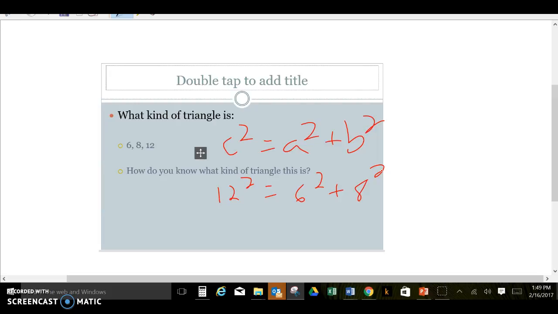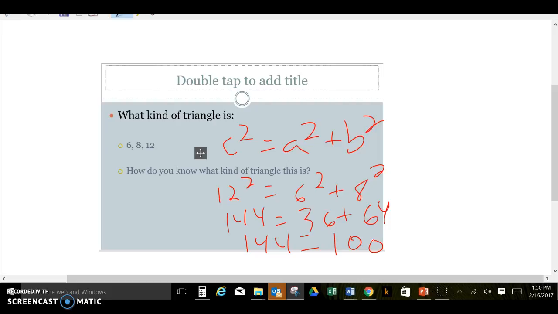And so when this comes out, I get 144 is equal to 36 plus 64. When I put it all together, we get 144 equals 100. Well, okay, so before they had to equal each other to be a right triangle. So now we have a situation here where the c squared side is greater than the a squared plus b squared side.